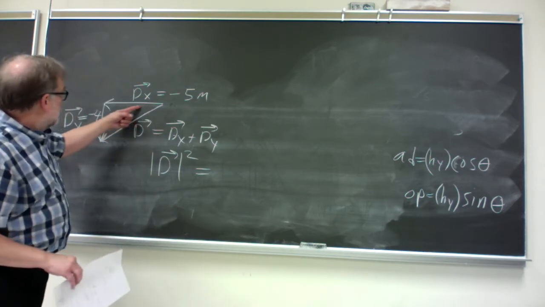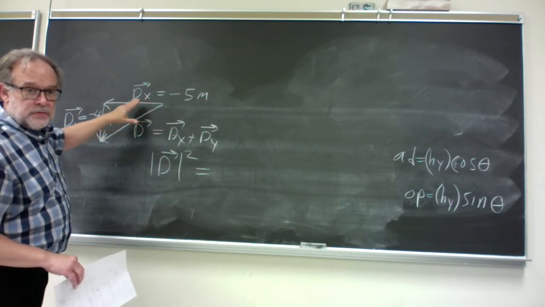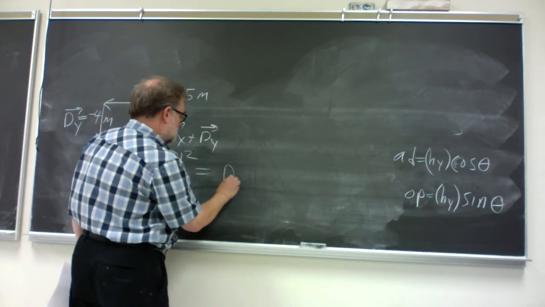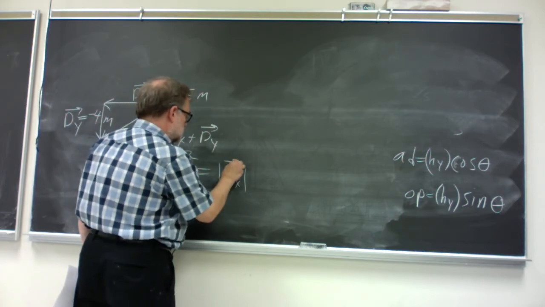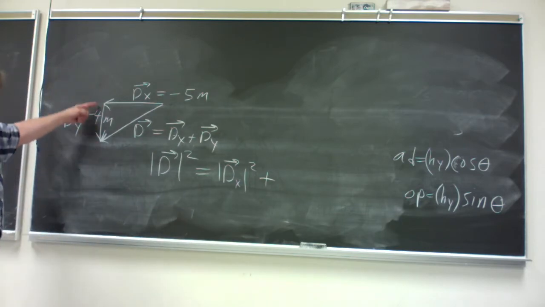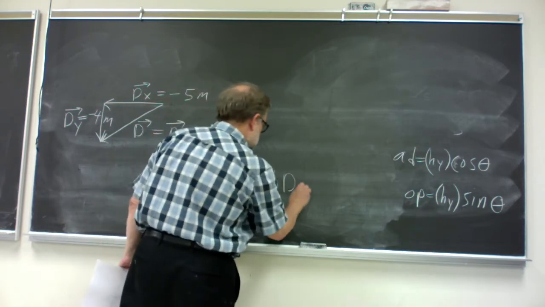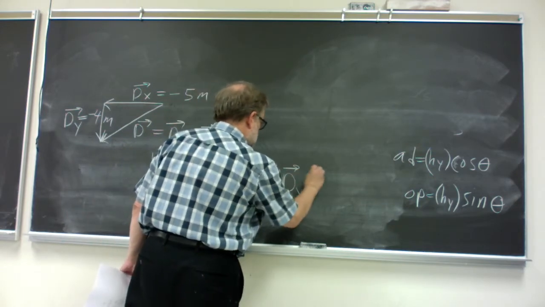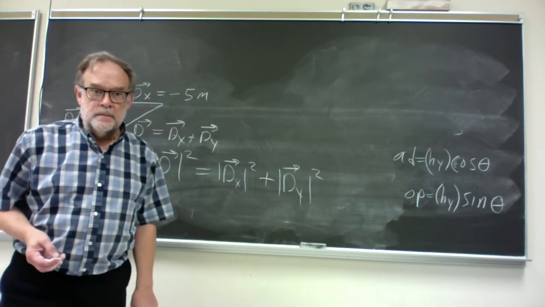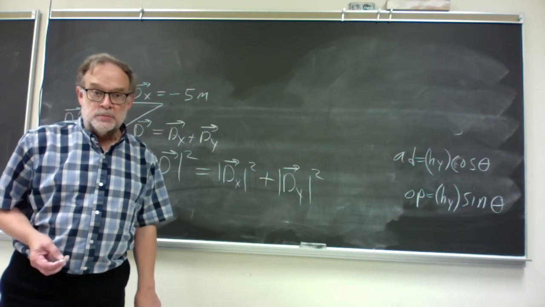That is, the magnitude of dx is the length of this side, and so if you square that, and then add to it the square of the length of this side, you get the square of the magnitude of the displacement itself.